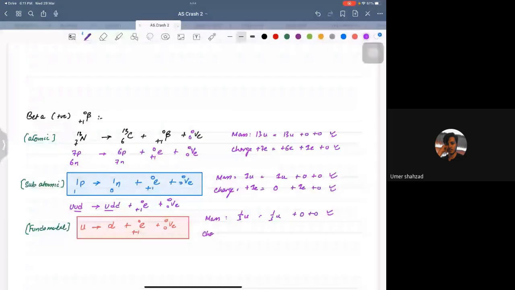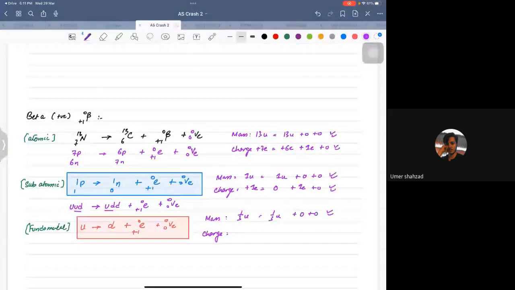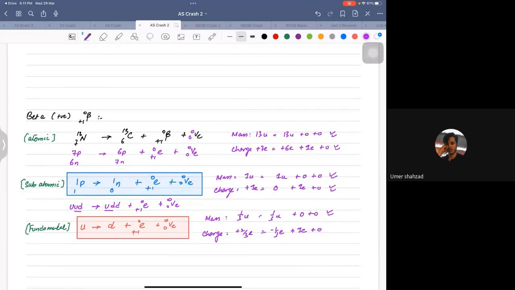And for the charge, up is plus 2 by 3E, down is negative 1 by 3E, and this is 1E, and this is 0. So negative 1 by 3 and 1 is like 2 by 3. So this is also correct. You guys get it? Any questions now? So nothing more than this will ever come in an exam. Now, you can write this down and then we just answer 2 questions.